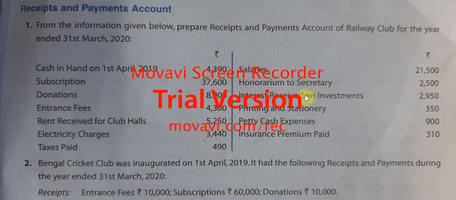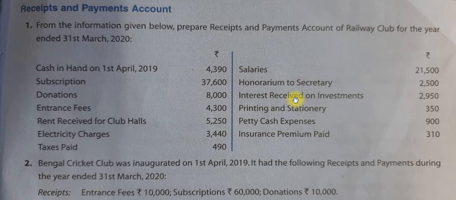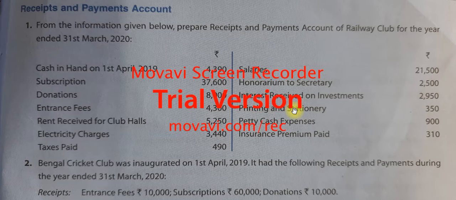Interest received on investment is an inflow, so it is called a receipt. It will go under the receipt side. Next, printing and stationery. Stationery items are always recurring in nature.